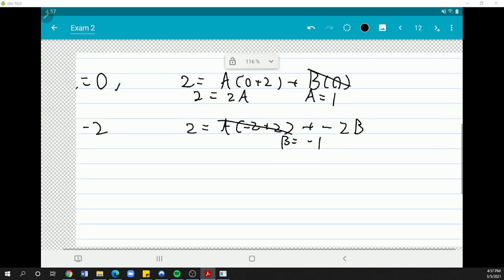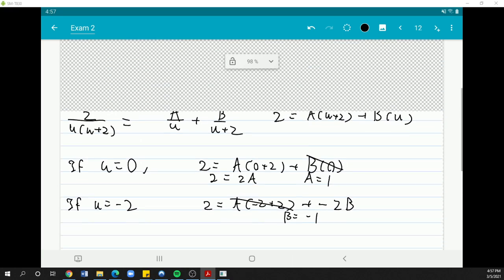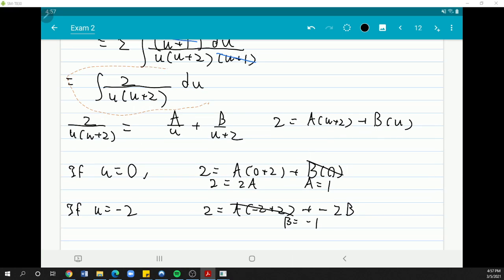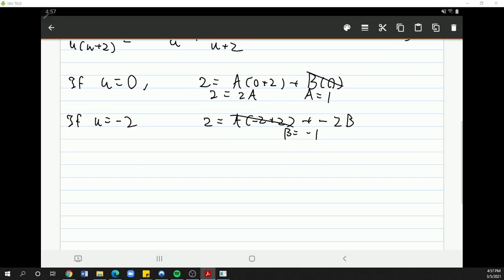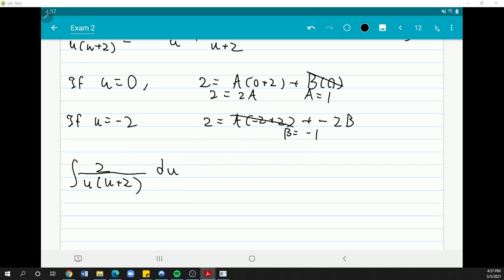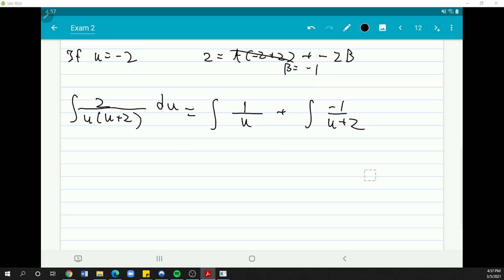This integral is equal to the integral of 1 over u plus the integral of minus 1 over u plus 2. That's natural log of u minus natural log of u plus 2.